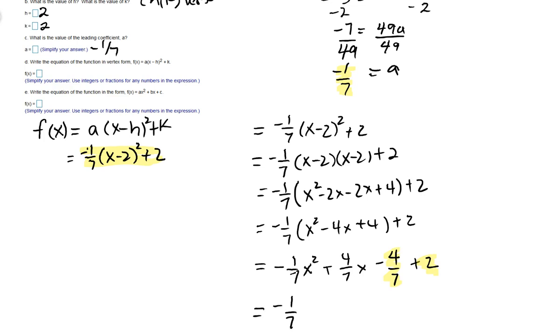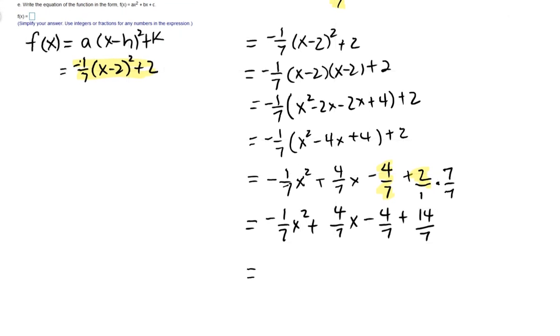It's negative 1/7 x squared plus 4/7 x minus 4/7. I'm going to write this 2 over 1 by multiplying by 7 over 7. That gives me 14 over 7. And now that I have a common denominator, I can combine those fractions to give me a plus 10 over 7.